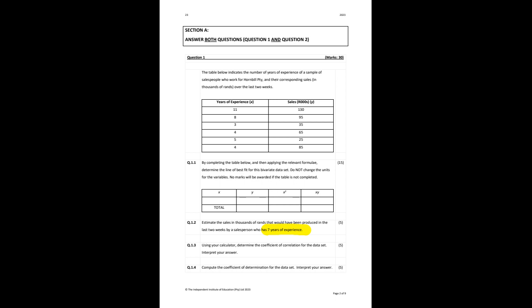So this is actually a continuation or building up on what you had calculated in question 1. So remember, in question 1, we would have calculated the values of A and B that go into the regression equation, which reads y is equal to A plus bx.